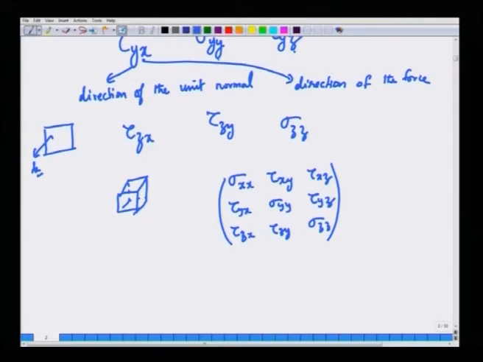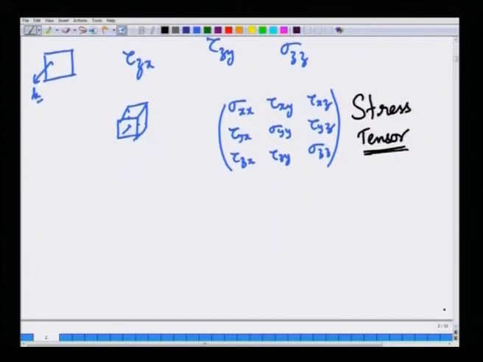Now, this collection describing the state of stress present in a fluid is called the stress tensor. Why is it called a tensor? It is because of the following reason. If you have a vector like velocity, you can write it as v x times i plus v y times j plus v z times k.